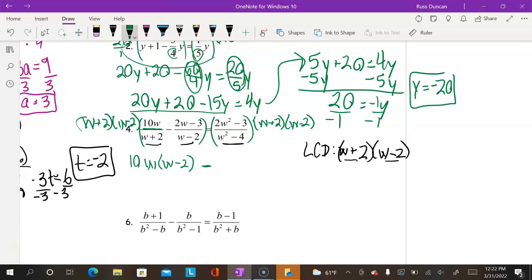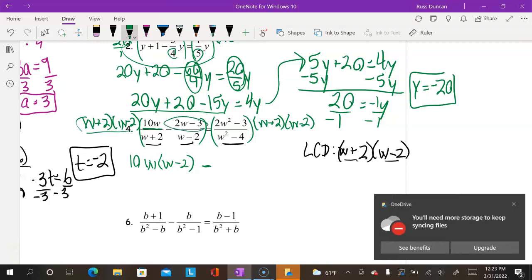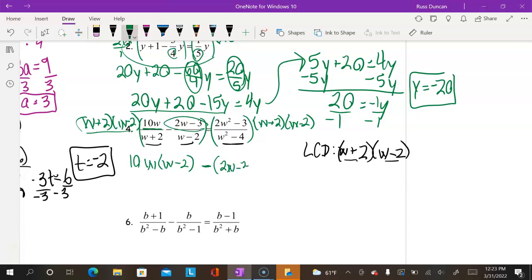Okay, when I multiply these two things, the w minus 2 should go away. So 2w minus 3 times w plus 2 should be left. And then the last one, remember this is w squared minus 4. So that gets rid of everything. So you're left with 2w squared minus 3.